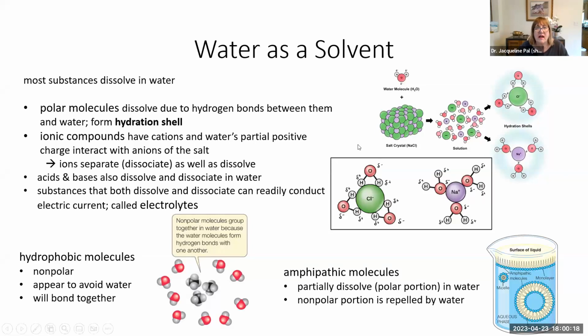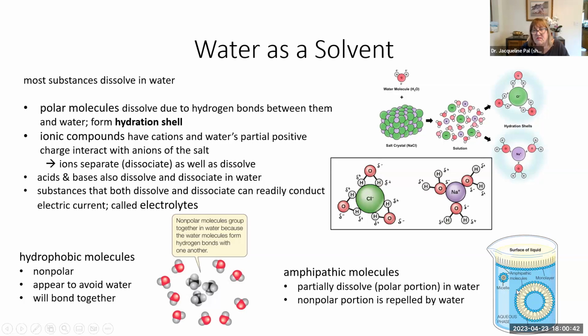And so now we had hydrophilic, we had hydrophobic, and going back to the amphipathic molecules, they're going to partially dissolve in the water. In other words, the polar part, the heads of the phospholipid membrane, are going to form hydrogen bonds with the water, and the tails are going to be repelled by the water, and they are not going to form bonds.